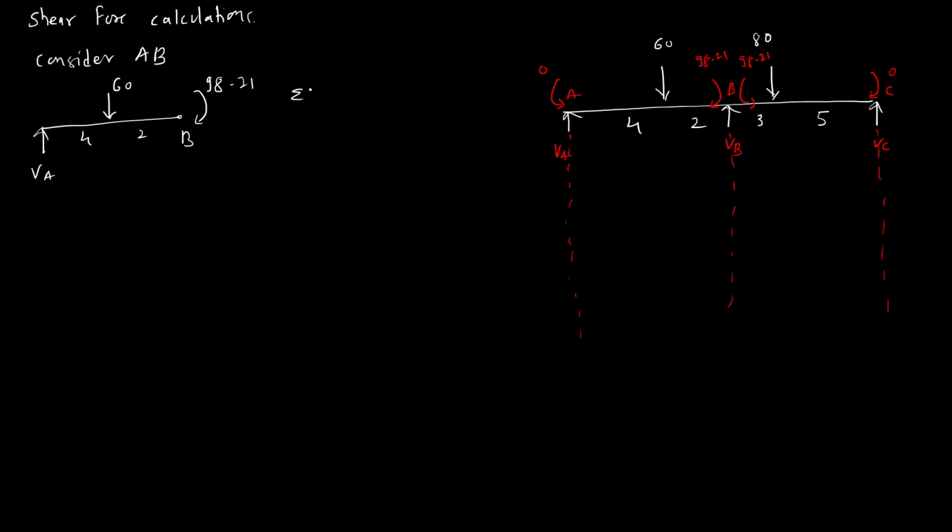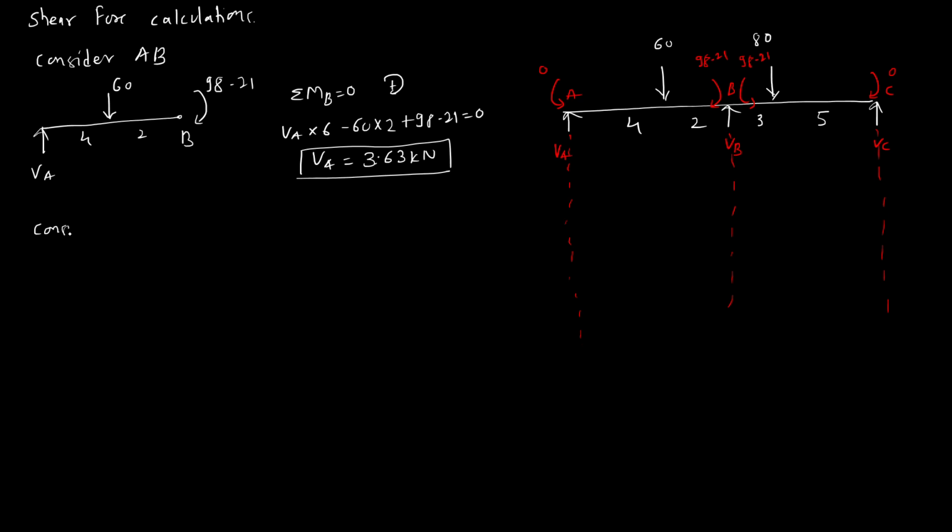We'll apply sigma MB is equal to 0 and clockwise positive. So VA into 6 minus 60 into 2 plus 98.21 is equal to 0. From this we will get the value of VA as 3.63 kilonewton. So VA is 3.63.